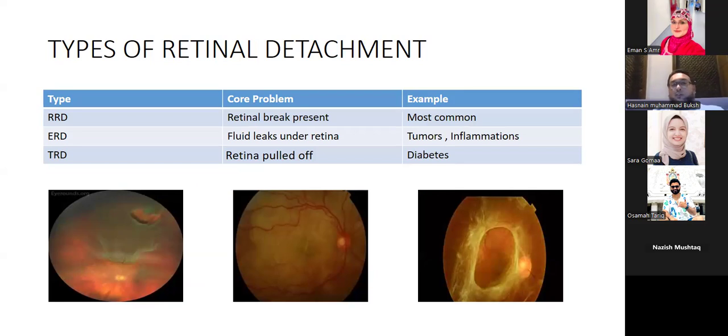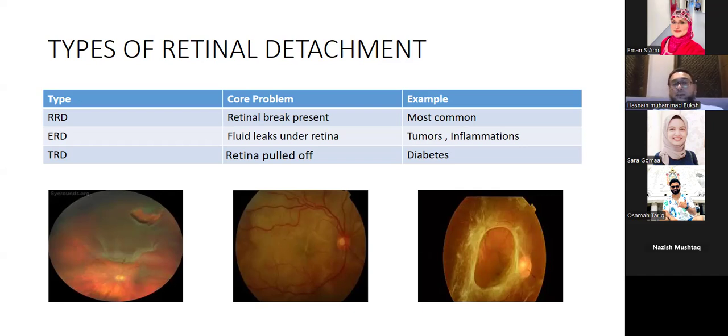If I grossly go into the types of retinal detachment, there are three types. First one is the rhegmatogenous retinal detachment; as the name indicates, there is a rhegma, a break in the retina, which causes the fluid from the vitreous to push into that break, and it separates the neurosensory retina from the retinal pigment epithelium.